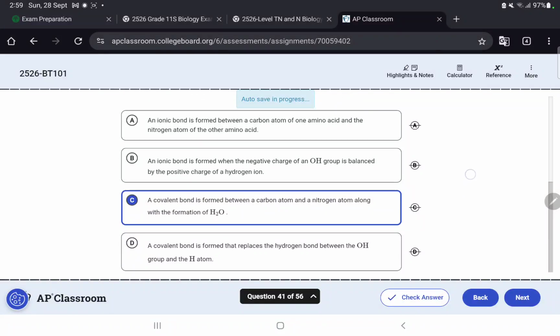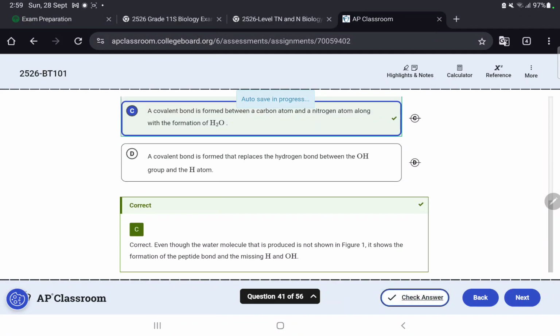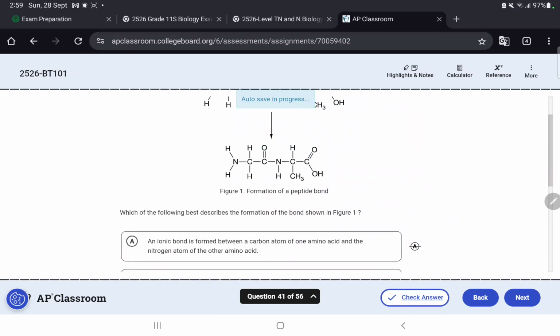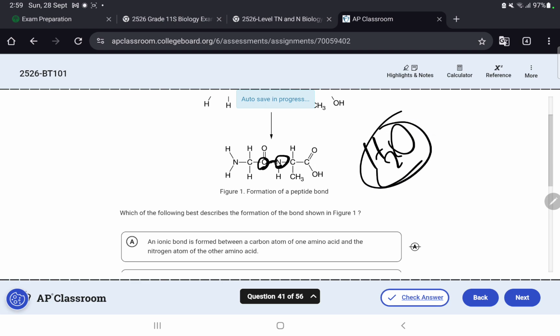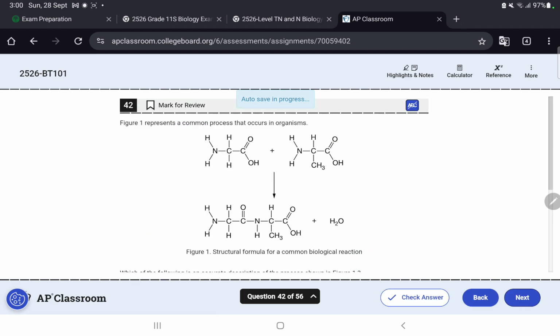So a covalent bond is formed between a carbon atom and the nitrogen atom along with the formation of H2O. See here, the bond is formed between the carbon and the nitrogen. Here, OH is gone and H is gone, so it becomes H2O. H2O is released. Peptide bonds are also covalent bonds. They are a type of covalent bond.